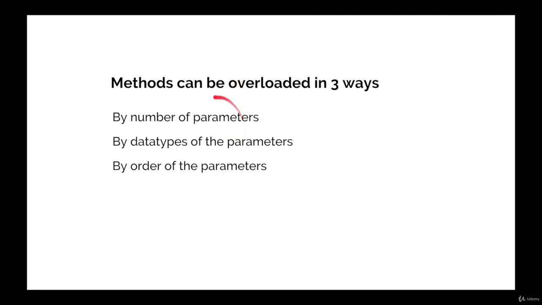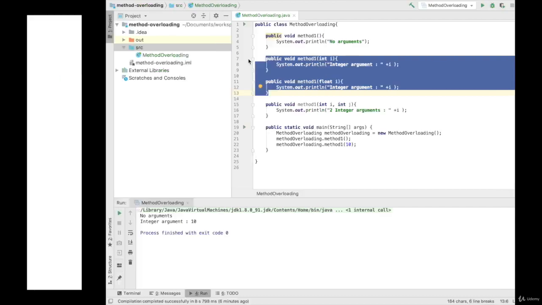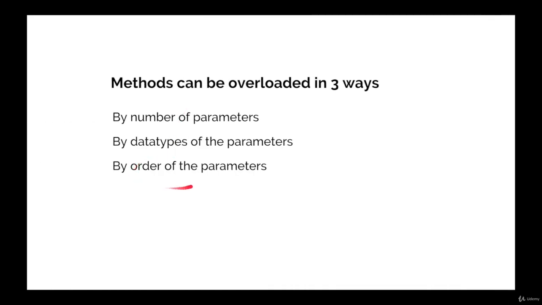This is the example of the second way. Here we just changed the data type, but we didn't change the number of arguments, as in our first case.